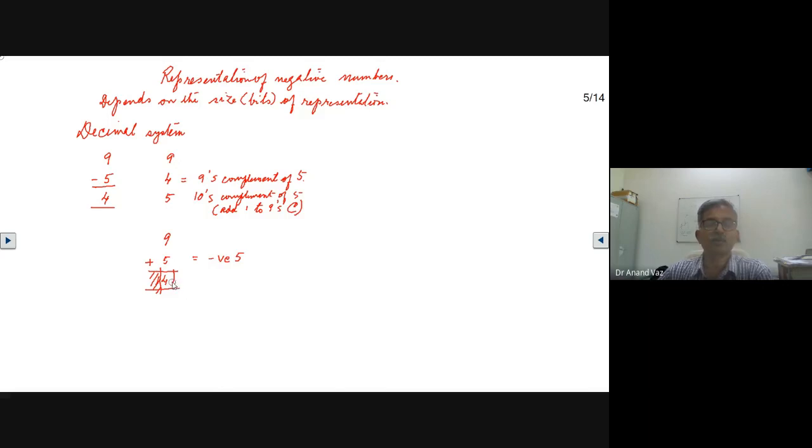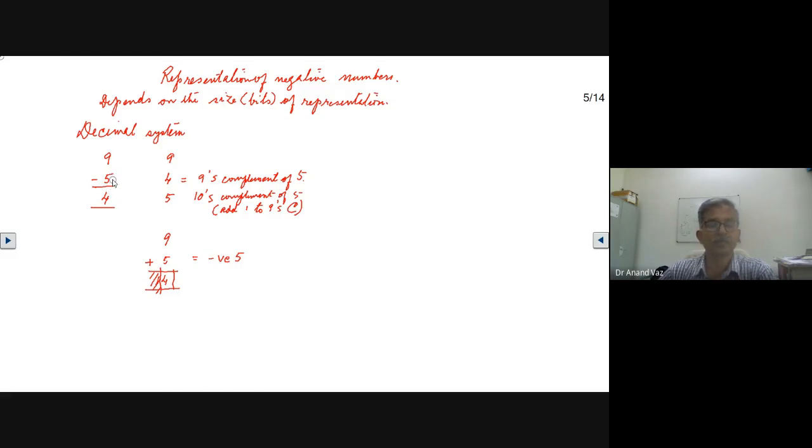And so this is telling you that your answer is actually equal to 4. And it agrees with this. So what you did was you took 9 as it was, but you represented 5 as a tens complement.